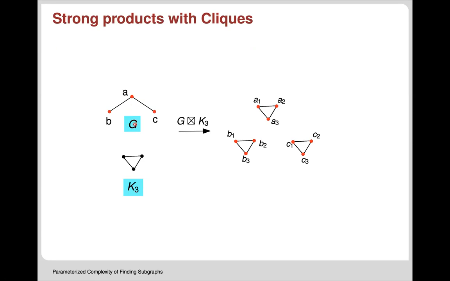In general, if I give you two graphs, the strong product is basically this: you take the Cartesian product of the vertex set of G and the vertex set of H, and then you add an edge between two vertices if their first coordinate is the same and their second coordinates make an edge in the other graph, or their second coordinate is the same and their first coordinates make an edge, or both their first coordinates and their second coordinates make an edge in the respective graphs.